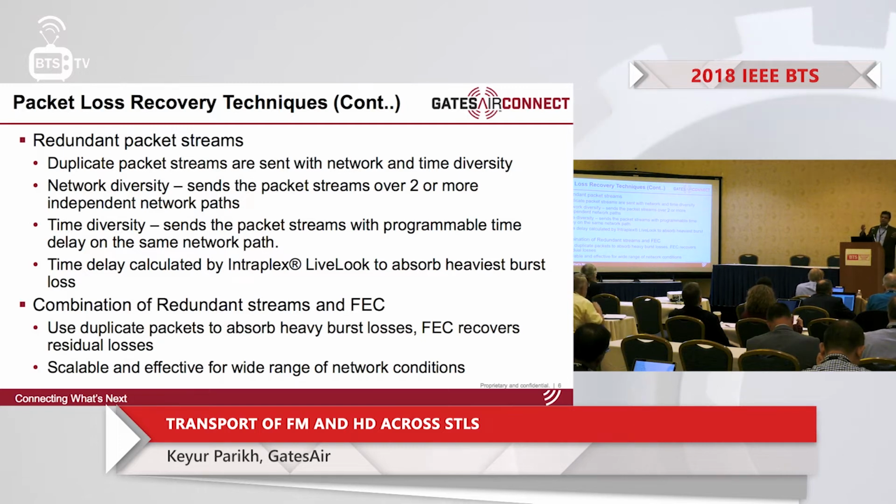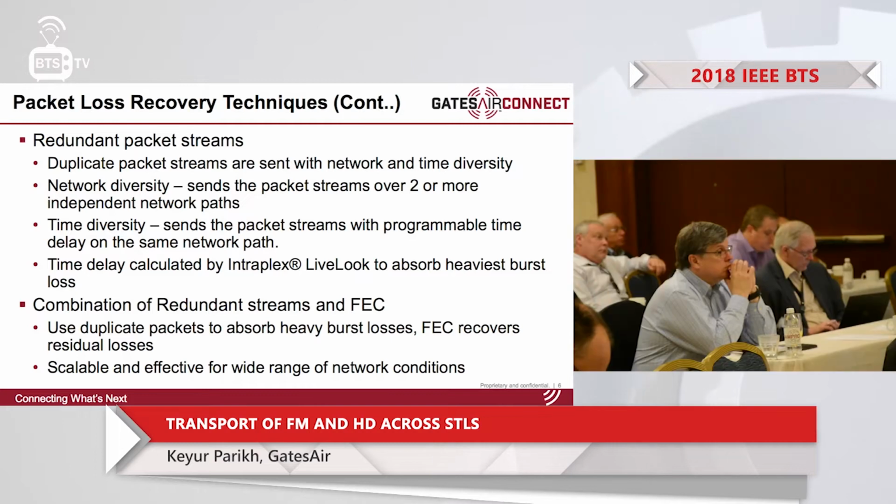So even though we have these 2 different ways of combating packet losses, we've got FEC that works very well with isolated random losses, which is what we typically see on a private network. If you have an MPLS network, probably all you need to do is just run 25% FEC and you'll be fine. Then the redundant packet stream works very well across different types of packet loss patterns, both random as well as burst.